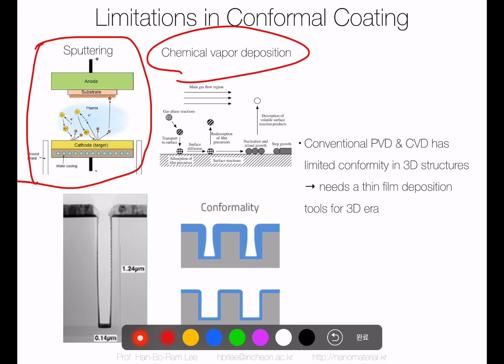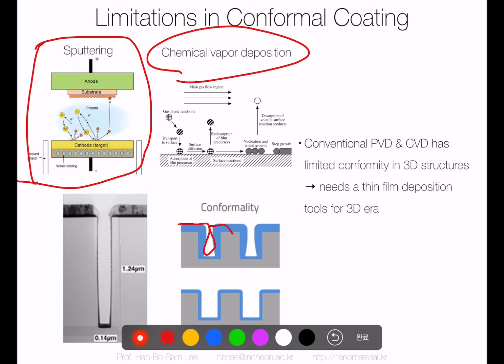So the film has to be coated very uniformly, even inside this very complicated three-dimensional structure. But if you use sputtering or chemical vapor deposition, it is really difficult and very tricky. Due to gas phase reaction and surface area differences, we cannot make a very conformal film.